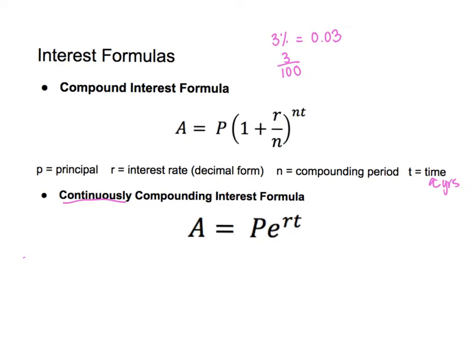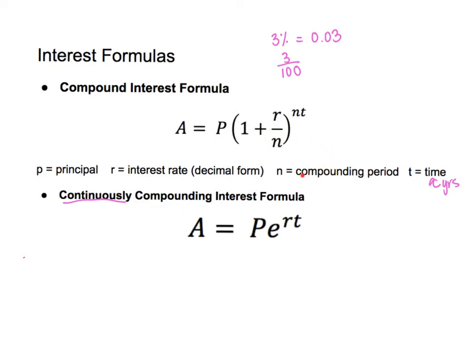And then N is talking about the compounding period. Compounding means that you are charging interest on the amount of money you're investing. So if a bank were to say I compound monthly, that means N is 12. If I compound annually, that means N is 1, right?